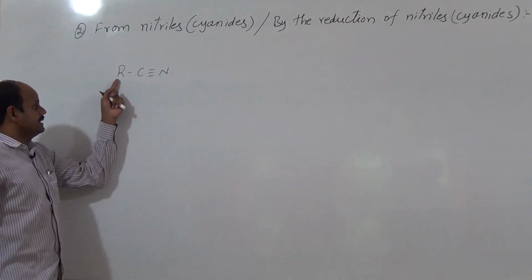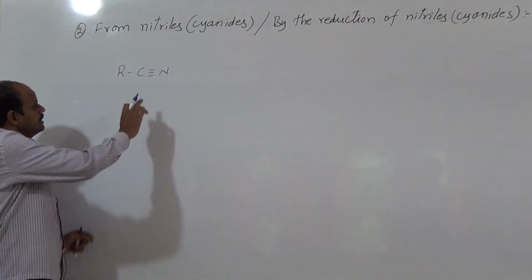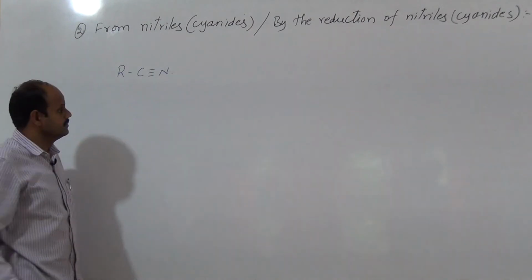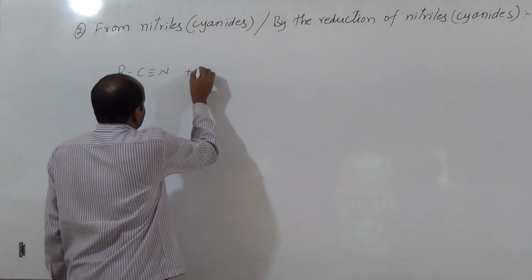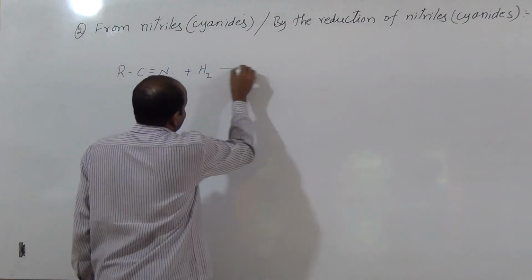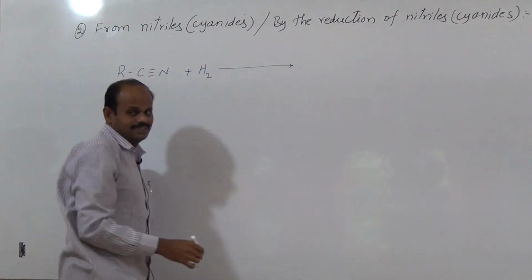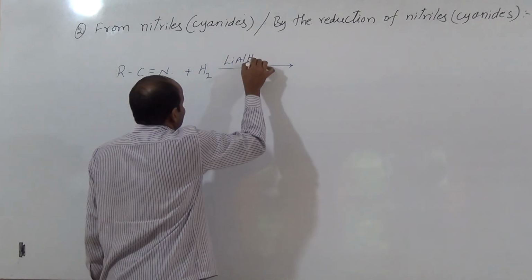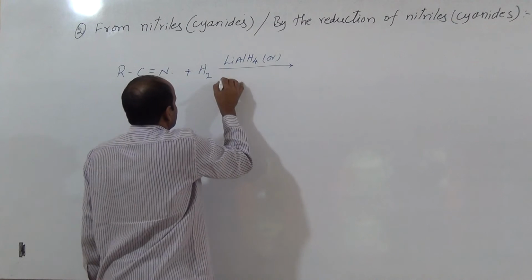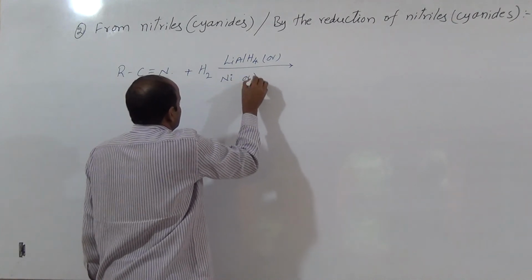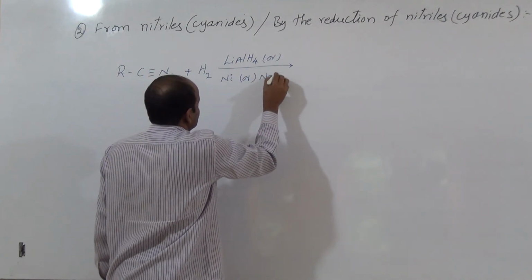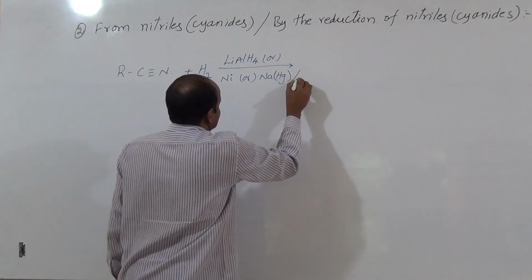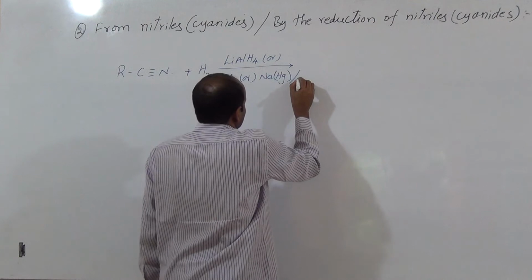the general representation is RCN. CN is nothing but a triple bond between carbon and nitrogen, which undergoes reduction in the presence of reducing agents like lithium aluminum hydride or nickel catalyst or sodium amalgam, Na/Hg, in the presence of ethyl alcohol, ethanol.